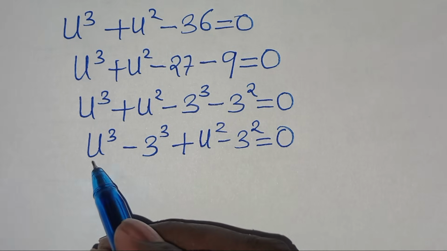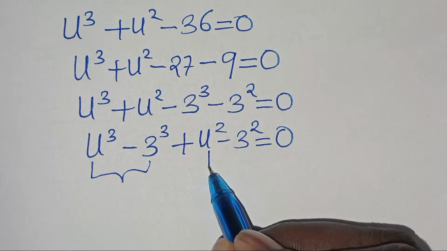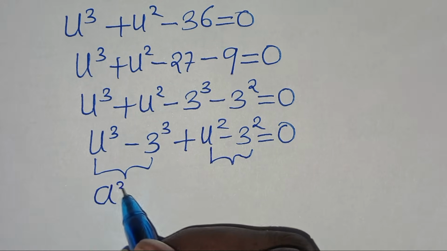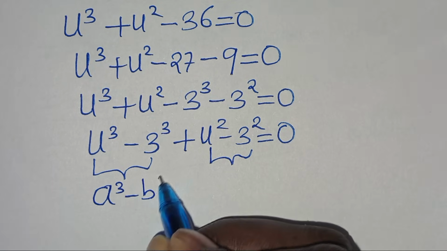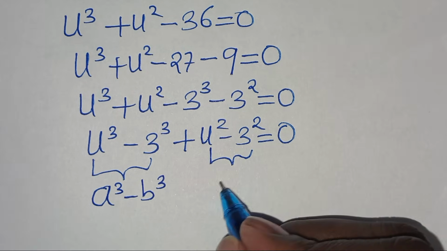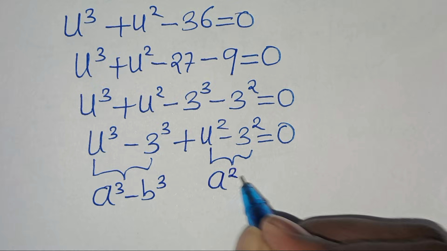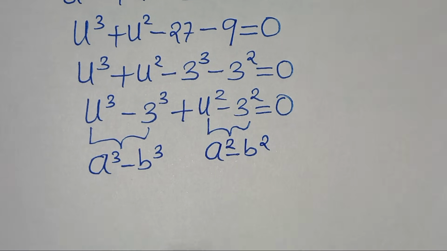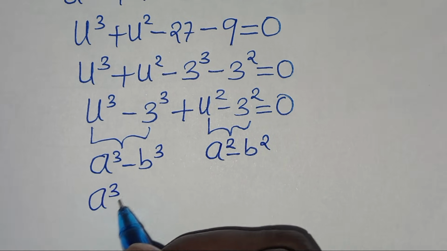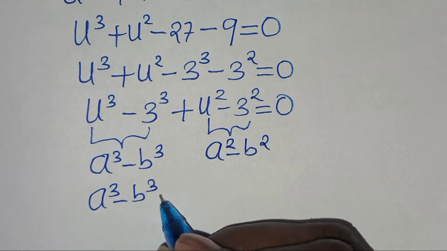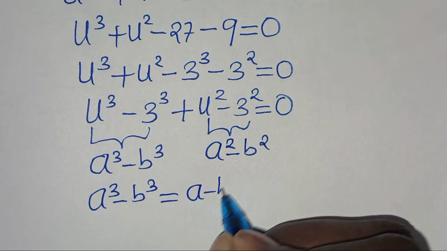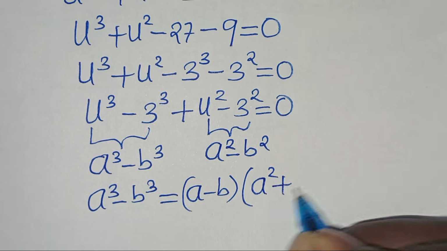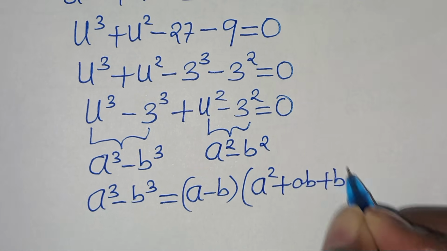So we have got two parts here. The first part is the difference of two cubes expressed as a to the power of 3 minus b to the power of 3. The second part here is the difference of two perfect squares expressed as a squared minus b squared. So this implies that a to the power of 3 minus b to the power of 3 can be expressed as a minus b into the parentheses, a to the power of 2 plus a times b, then plus b to the power of 2.